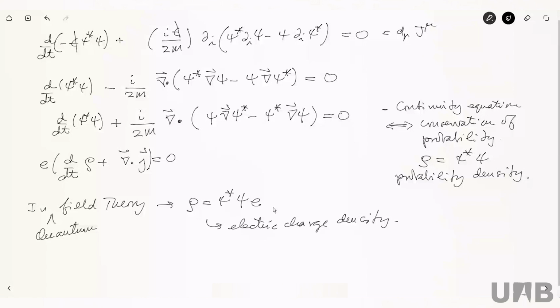But in quantum field theory, this function psi is no longer the wave function. It's another thing. It becomes a quantum operator. And this equation is reinterpreted as the conservation of electric charge, just by multiplying everything by the electric charge of that field. But as you can see, the structure is exactly the same structure as in quantum mechanics, as in Schrodinger's theory. Okay.